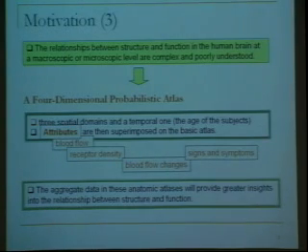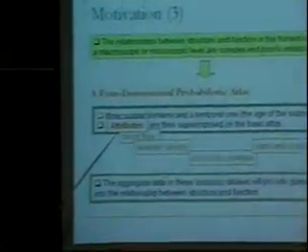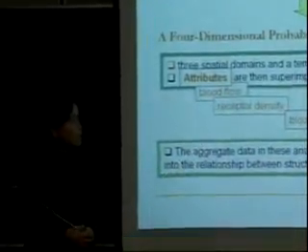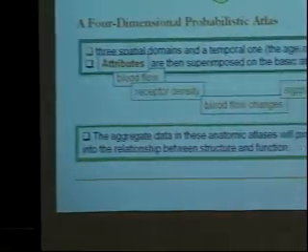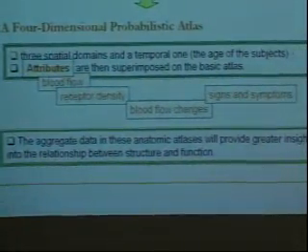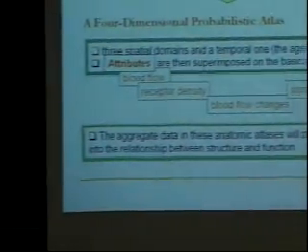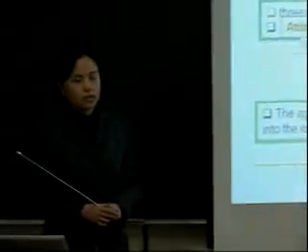So it's not just a simple geometric picture. It also superimposes associated attributes such as blood flow, receptor density, and so on. With this completed atlas, the aggregate data in this anatomic atlas will give you much greater insight into the relationship between structure and function.